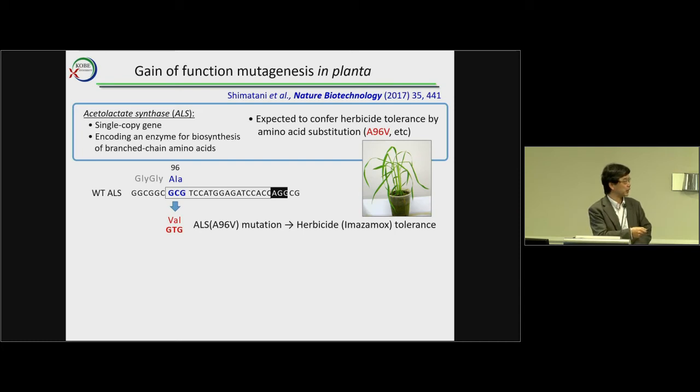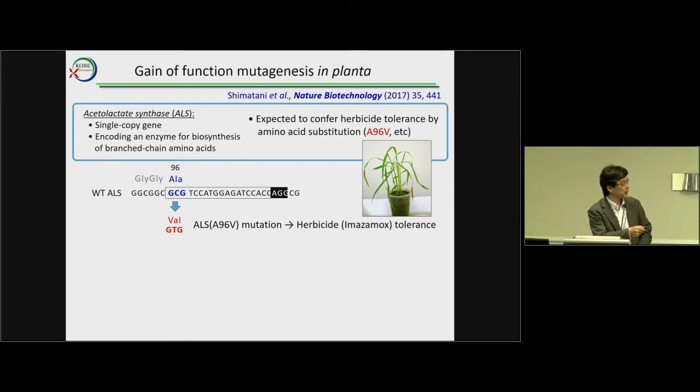This is a very different system. Probably you are not interested in it, but this is an application to plant cell genome editing. This is a case of gain of function type mutation. In the case of plant cells, if you create an A96V mutation in this ALS protein, this plant cell has herbicide tolerance. So that's very easy to analyze the successful mutations.